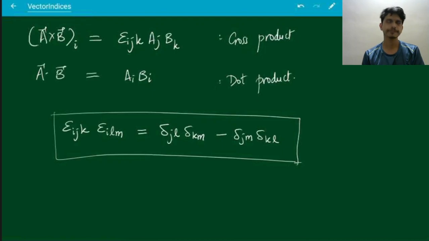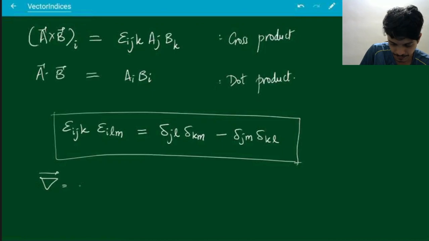Let me introduce one slightly different thing: the vector operator. So you've seen this del in vector calculus, both in math methods and in electromagnetism. Oh, and in classical mechanics. So you've seen this multiple times.